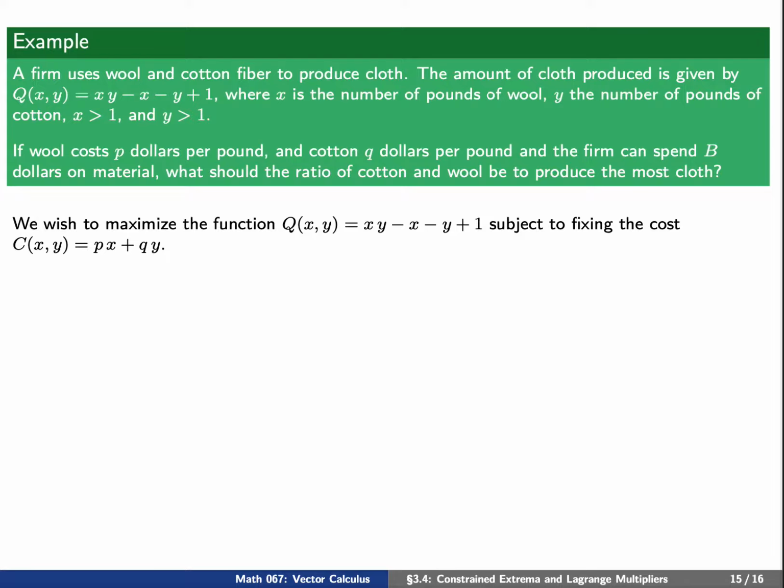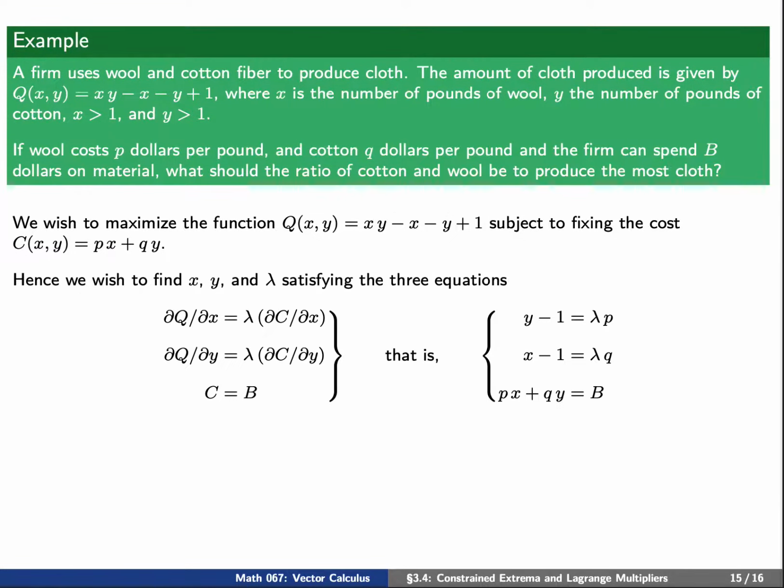We'd like to maximize our quantity by fixing the cost. So using Lagrange multipliers, we see then that the gradient of q must be a scalar lambda times the gradient of c. And our constraint, of course, is that the cost must be equal to the amount that we can spend, namely b.